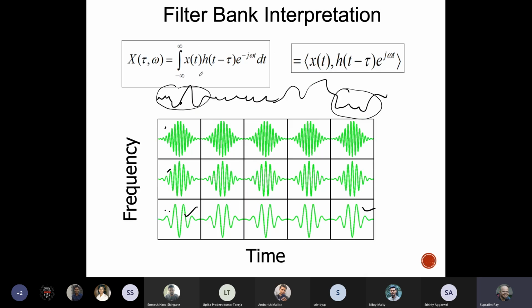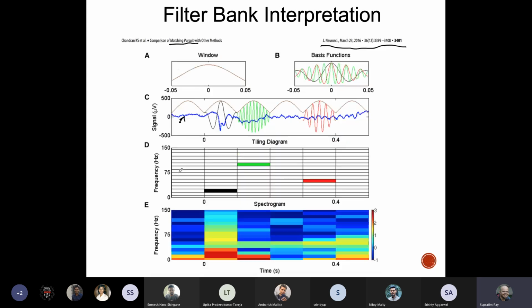The filters, which I'm also going to call basis functions here, because my signal is represented as a sum of these complex sinusoids, those functions are just the window multiplied with the complex sinusoid.